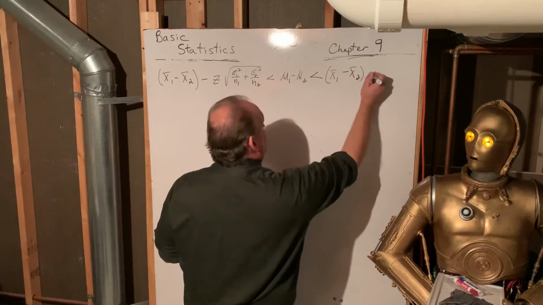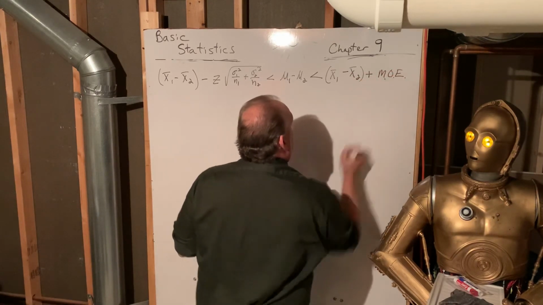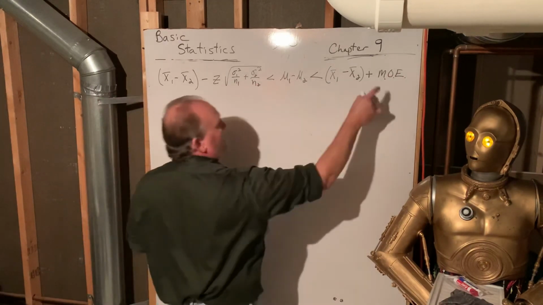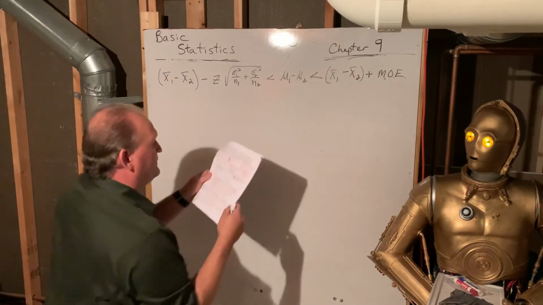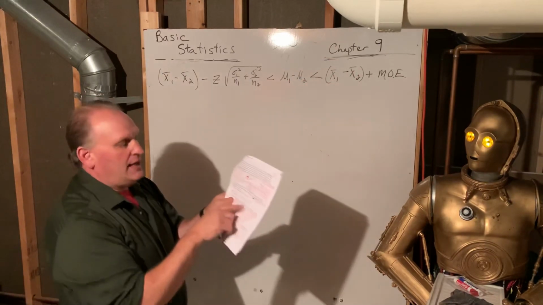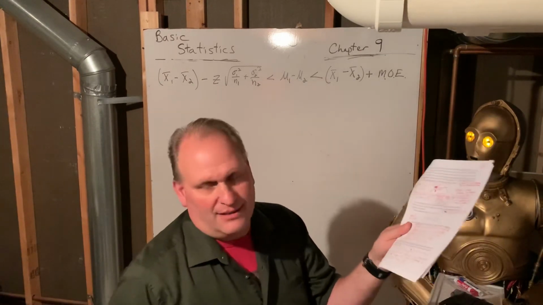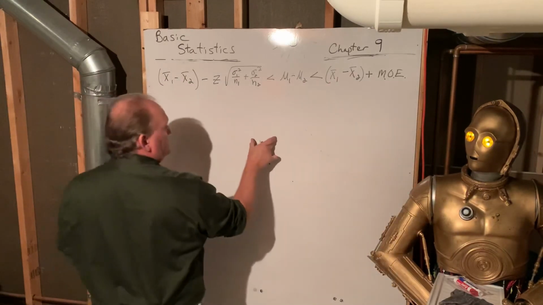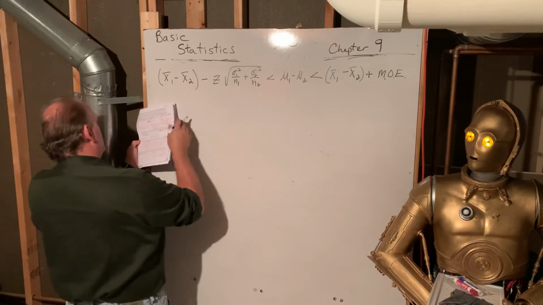So that stays a minus, but the plus, I'm just going to put MOE, margin of error. Instead of writing that whole thing out again, those are both the margin of error. That is a shorthand that you'll see on the note packet where they just do plus or minus, and then it's not written as an inequality but as interval notation, which you could do.